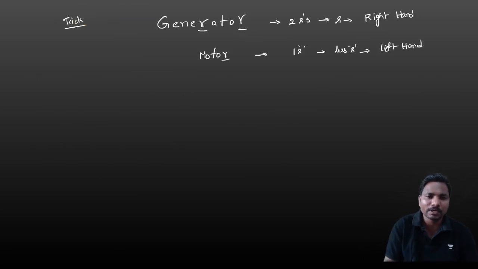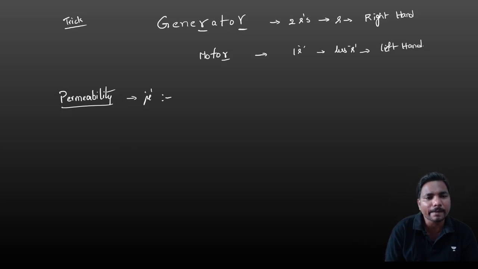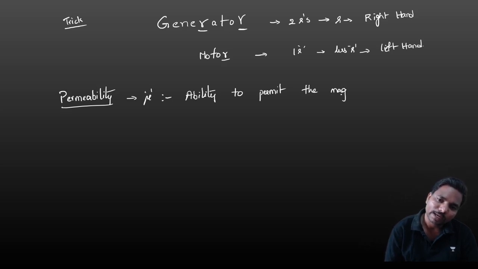Now coming to another very important thing, permeability of dia, para, ferro. Note down one important term, permeability, denoted with the letter mu. Permeability, as the name itself says, is the ability to permit the magnetic flux. Permit means allows.